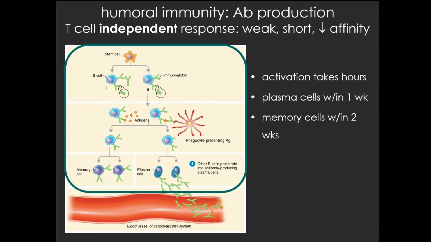independent response. So the T cell independent response, notice, also has two ways that things can happen. You can either have antigen come into the lymph node all by itself, or an antigen presenting cell can bring that antigen into the lymph node.